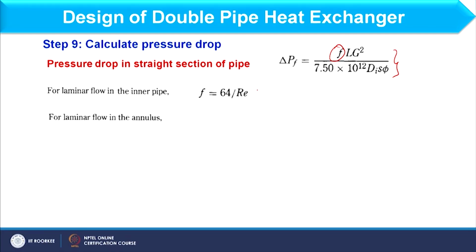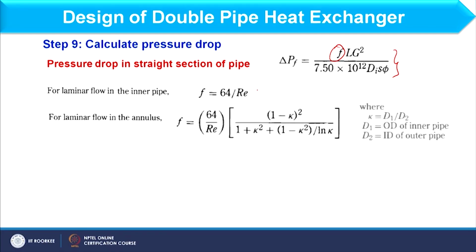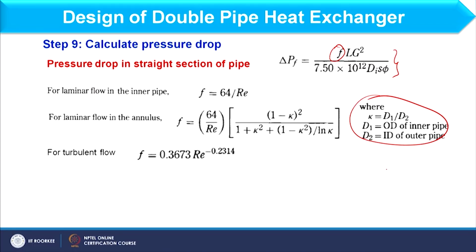For laminar flow in the annulus, we can calculate the F factor from this expression, where different nomenclatures are shown. Similarly, for turbulent flow, we can consider the F factor depending upon the Reynolds number. However, Reynolds number dependence is available for other factors also.